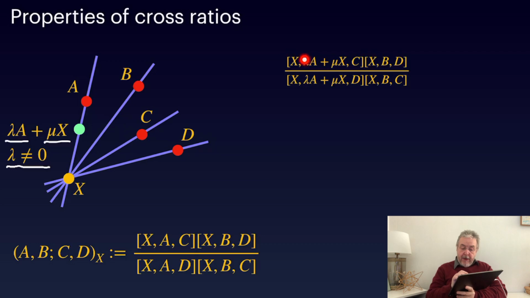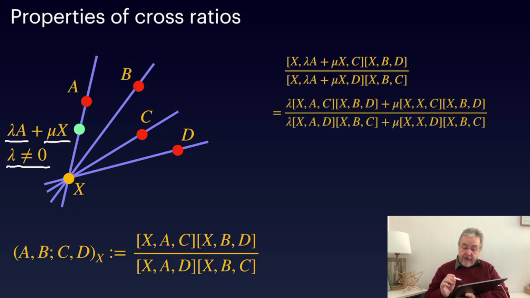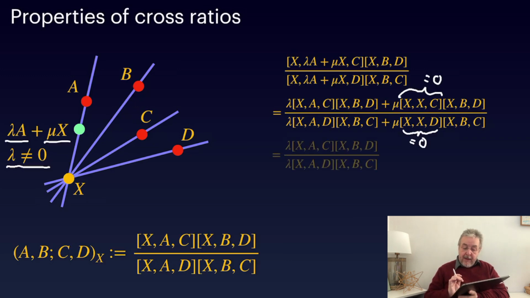Here you see we replaced A by the linear combination, and you all know the determinant is linear in each of the columns, so we can factor out this expression, and if we do that then we get this longer expression, which at first seems to be more complicated, but in fact is simpler, because here you have a determinant that turns out to be 0 because X occurs twice in it, and here you have another determinant that also turns out to be 0, so we can neglect those two summands and we are left with this expression.